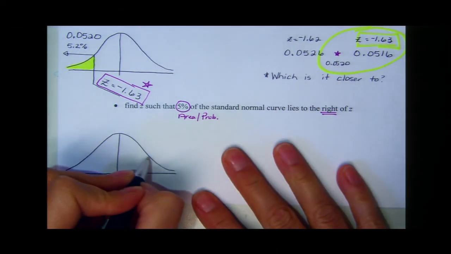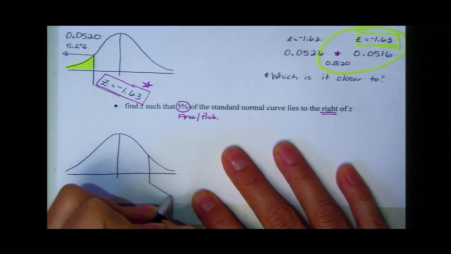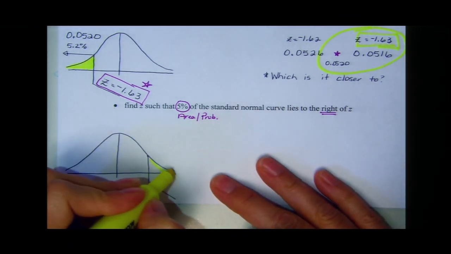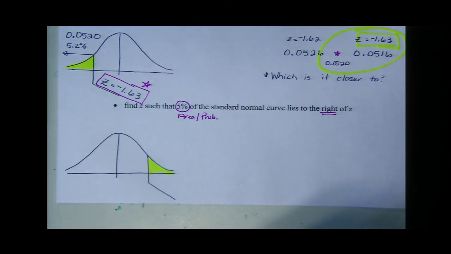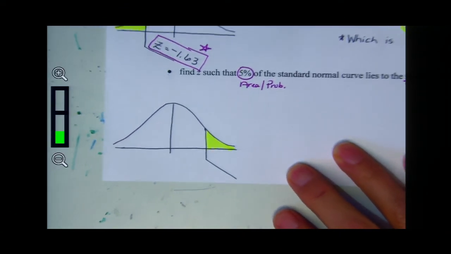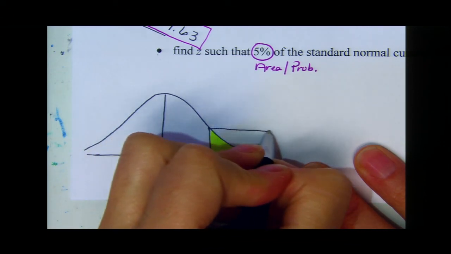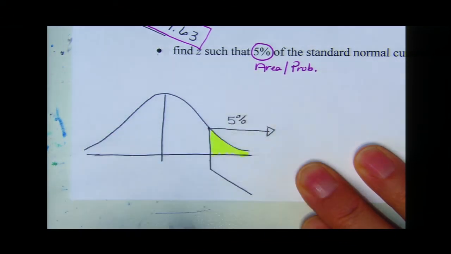So what it's asking me to do is to shade 5% to the right, which would be here. Now, here's what you need to realize. This is where things are a little different. I'm going to zoom this in. All right, so it is telling me that to the right is 5%.